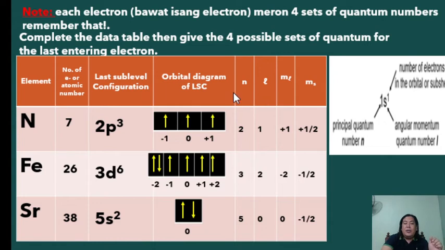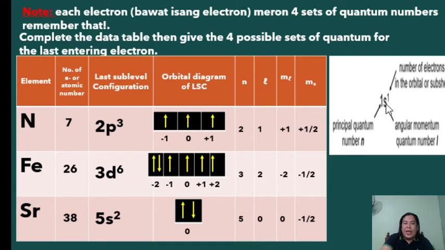Okay, how to identify ngayon yung N, L, M sub L, and M sub S? Okay, in the N value, titingnan nyo dito, yung 1s1. So, 1 represents the principal quantum number. This is your N value. Kung ano yung nakalagay dito, yung energy level, yung period number, that is the first quantum number or the principal quantum number.